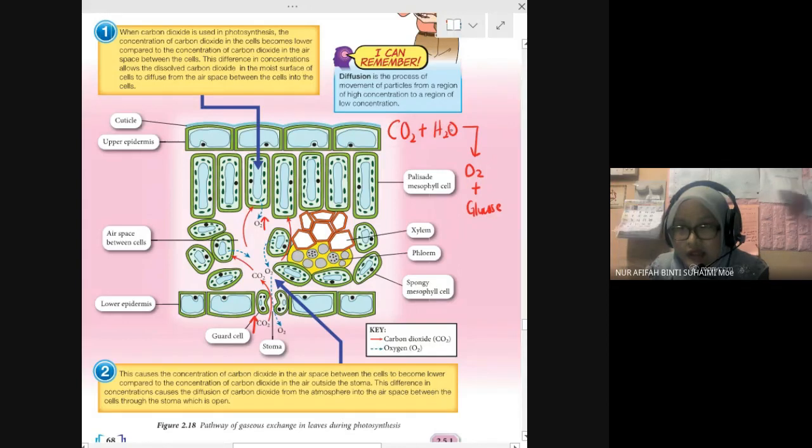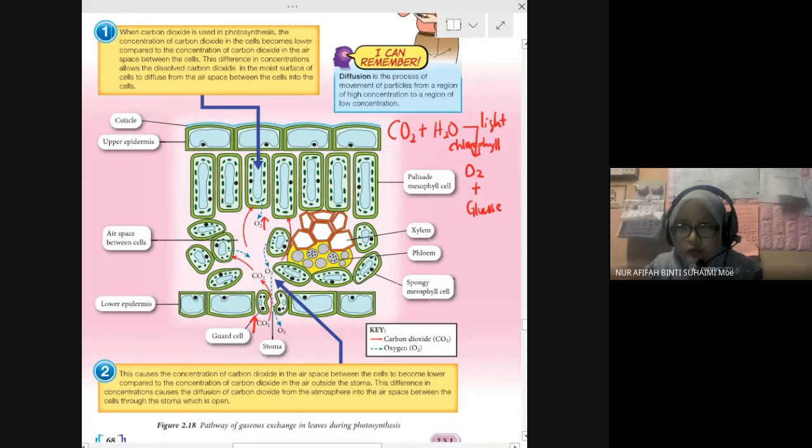But photosynthesis needs carbon dioxide and water to produce oxygen and glucose in the presence of light and chlorophyll. Below the arrow, light and chlorophyll.